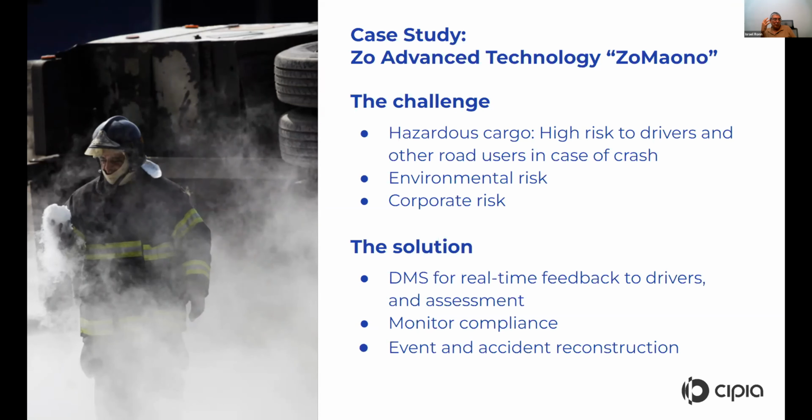What is the challenge? Why would a petrochemical company look at driver monitoring as very essential? First of all, they are carrying hazmat, hazardous materials. And there is a high risk, not only to the driver, but also to the environment.